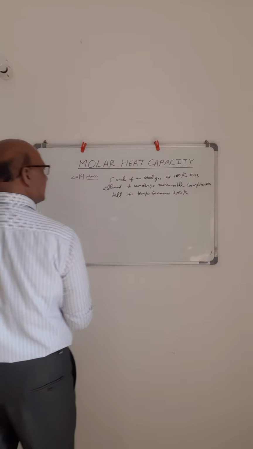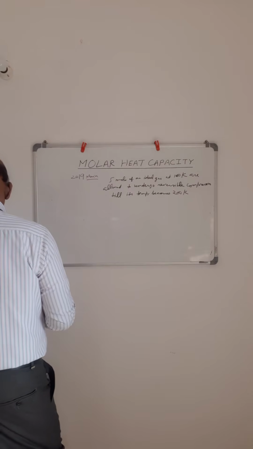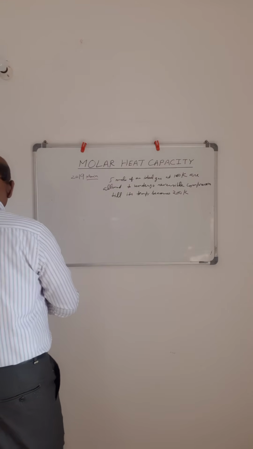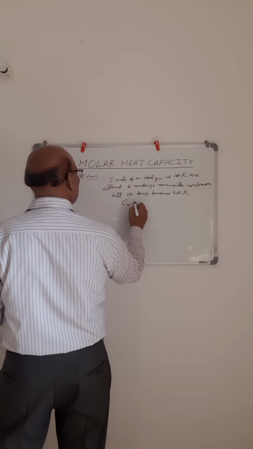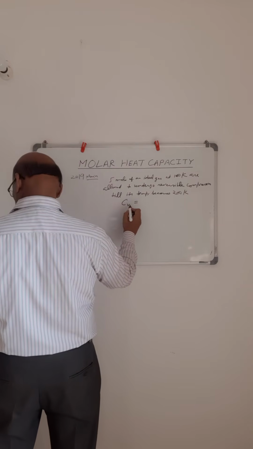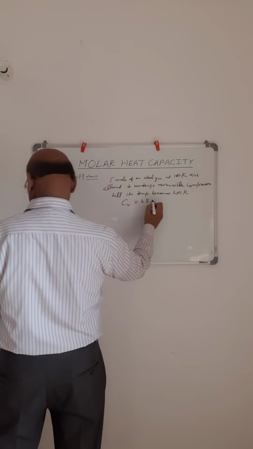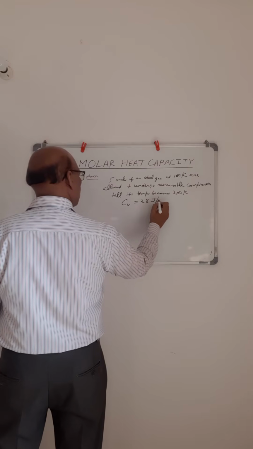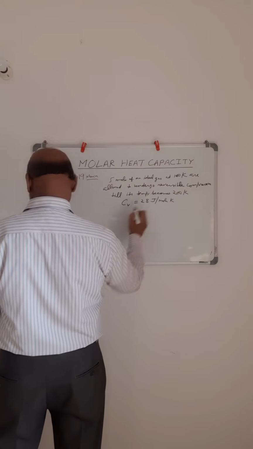That means the temperature rise is 100 Kelvin, and the Cv value that is given to us, that is the molar heat capacity at constant volume, is 28 joule per mole Kelvin. It is given to us.